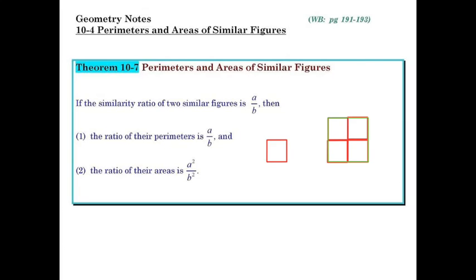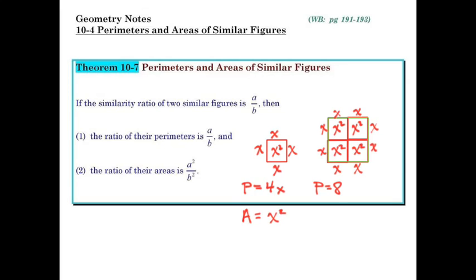However, the areas are different, right? This has an area of 1. This has an area of 4 square units. So we don't go by the same doubling factor. We square that value. So again, if we were to look at this, my perimeter is 4x, my area is x squared. On my other one, the perimeter is 8x, and the area is 4x squared.